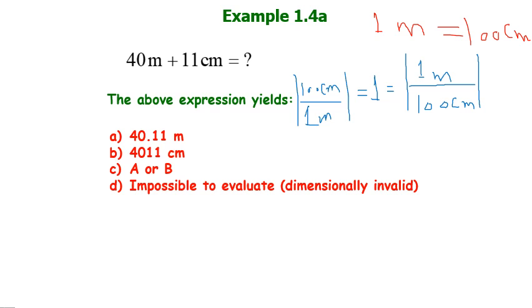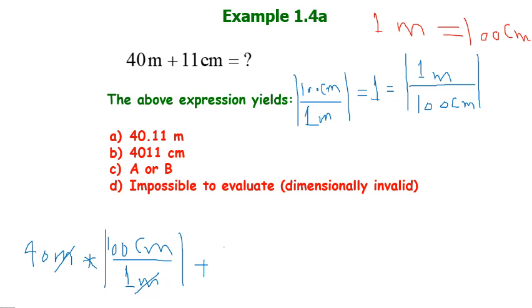So which one do we have to use? If we want to cancel the meter, for example 40 meter, to cancel the meter it must be down. So 1 meter will be down to cancel meter with meter, and 100 centimeter will be up, plus the 11 centimeter.